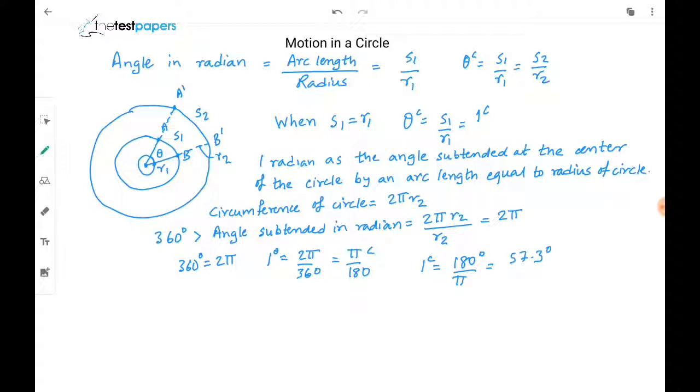So what that means is, if you take any circle and you maintain an angle of 57.3 degrees, then the radius here will be equal to the arc length here.